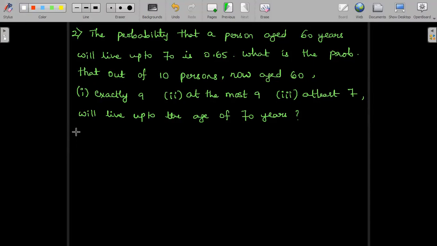From the question, we will analyze and write down what P, Q and N are.